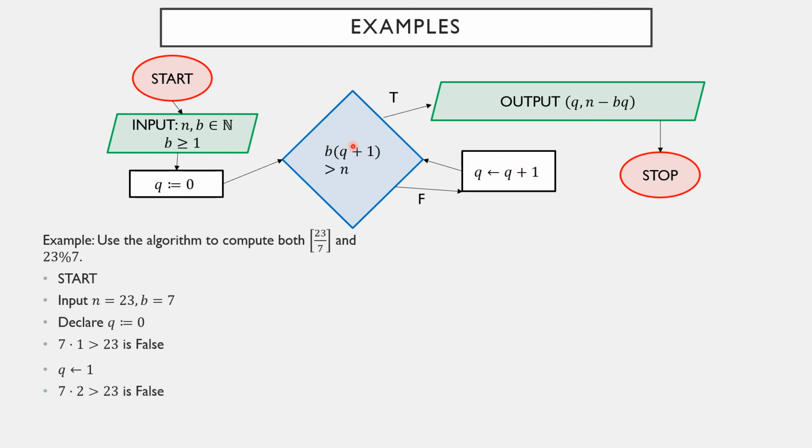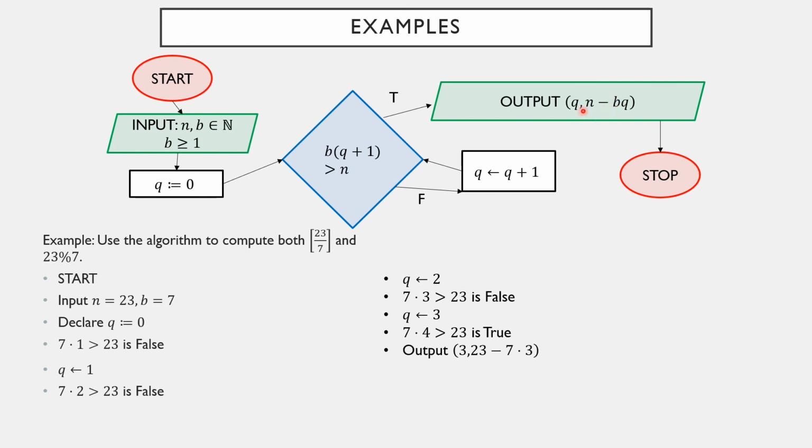Is b times 2 bigger than 23? No, it isn't, so increase the value of q to 2. Is 7 times 3 bigger than 23? No, it isn't, so increase the value of q again. Is 7 times 4 bigger than 23? Yes, it is. So I exit this loop, and now I output the pair of numbers, whatever q is, comma, n minus bq.